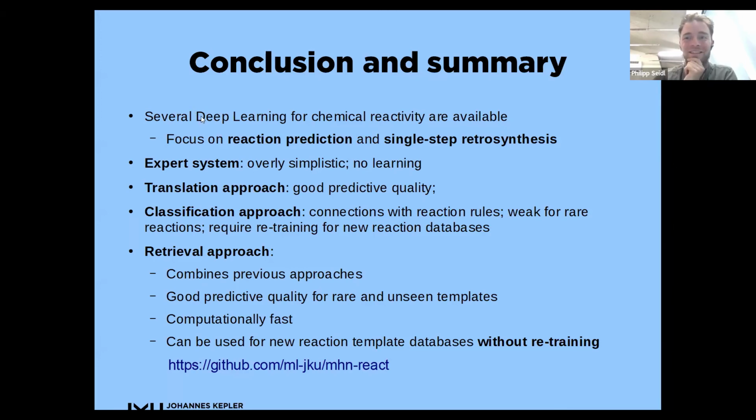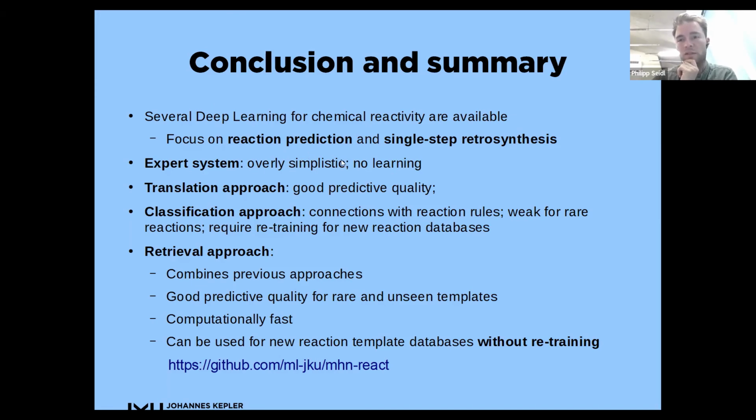At the end, let's conclude and summarize my talk a bit. There have been several approaches that I presented. The first ones were, for example, the expert systems. I would also call the popularity based with the fingerprint filter an expert system, because it's also not learned.